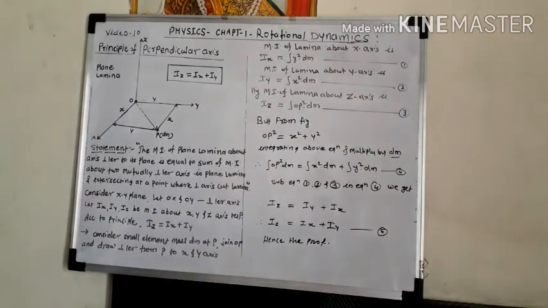Sometimes we forget how to write this MI, so remember the definition of the MI. MI is nothing but the product of mass and the square of distance.